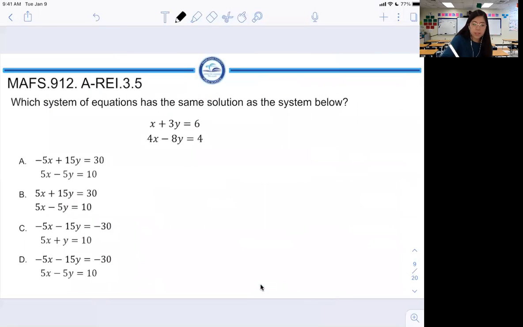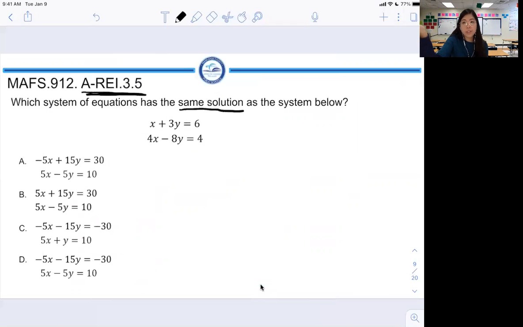Next one, now we're moving on to A-REI 3.5. So different types of problems. These are all going to be systems of equations, and specifically we're looking for equivalent systems. So which system of equations has the same solution as the system below? Couple ways you could do this.